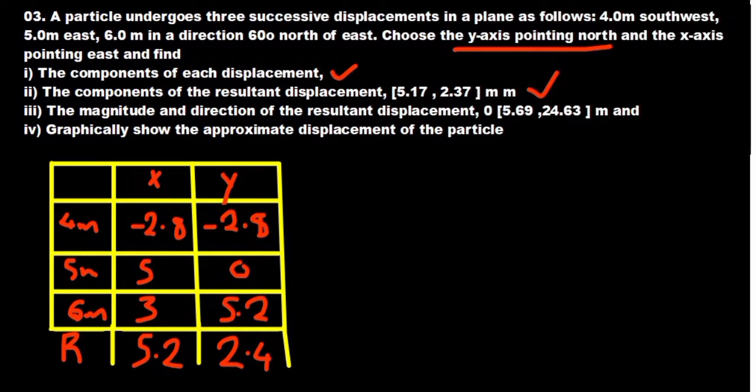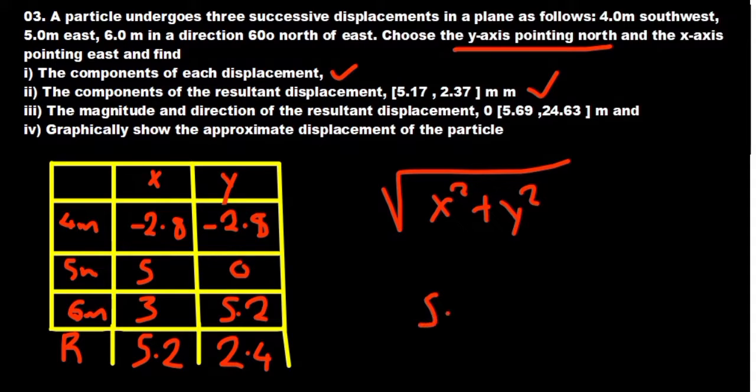Like I mentioned in the first two questions, the magnitude is found as the square root of the summation of the squares of the x and the y components. The x component is 5.2, and the y component is 2.4.